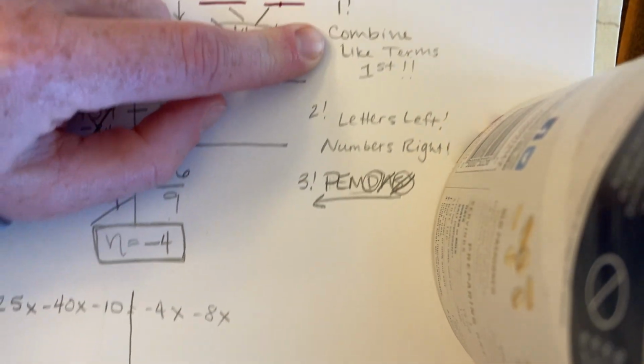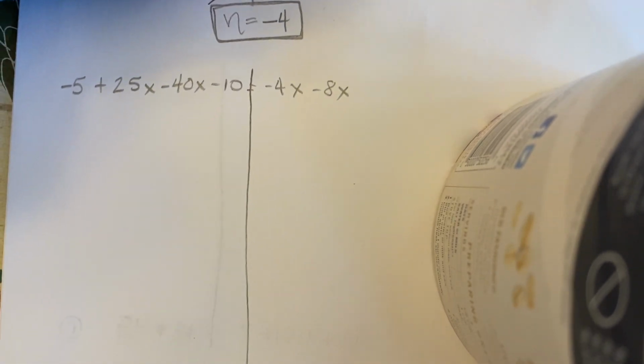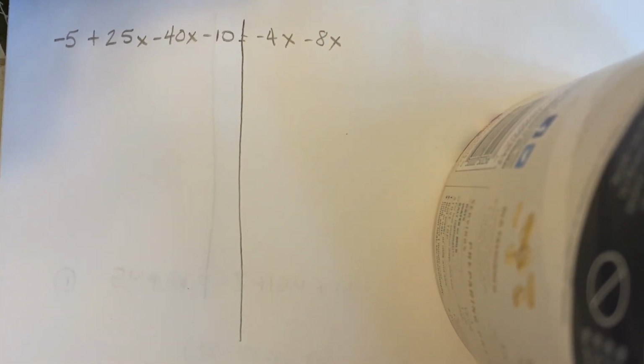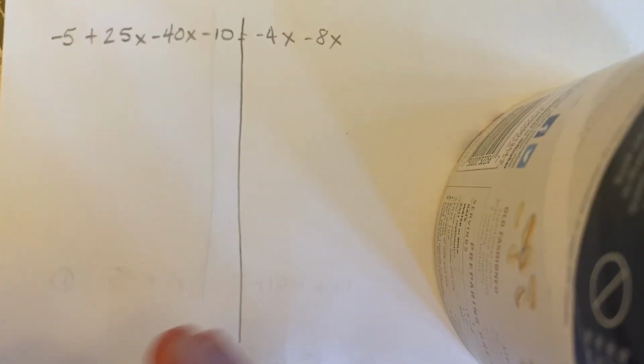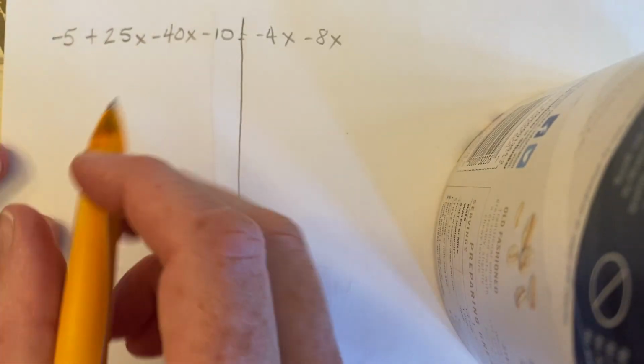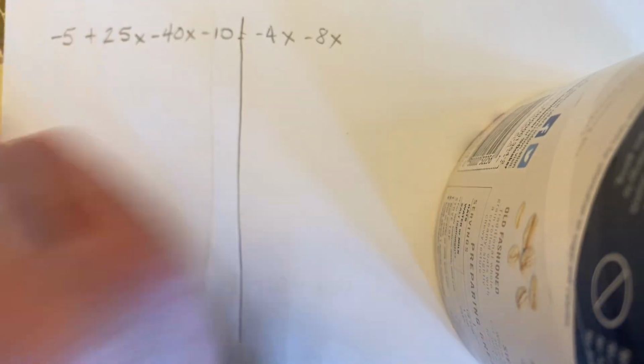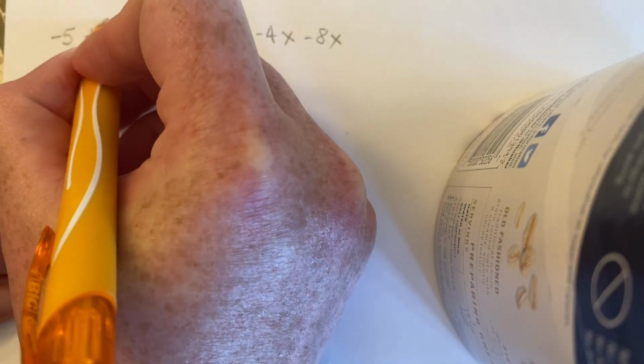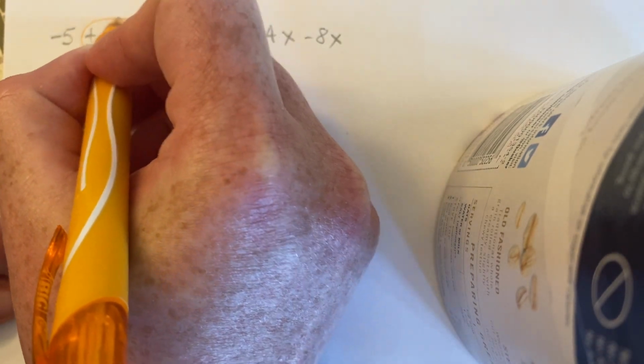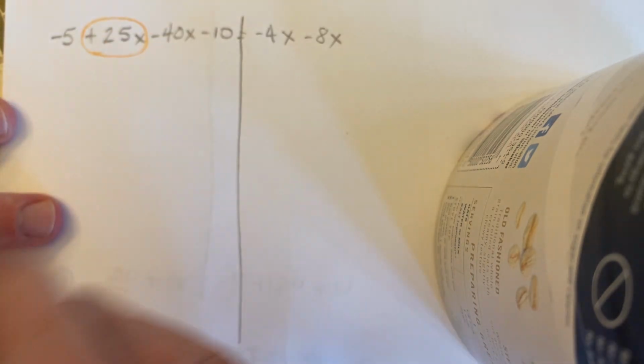My first step is going to be combine like terms. So we're looking through the expression on the left, and we're identifying, are there any like terms that I can combine? And remember, we're only working on the left side right now. Let's start with the variables. Let's start with a positive 25x. I'm going to draw my circle all the way around the symbol as well, the sign.